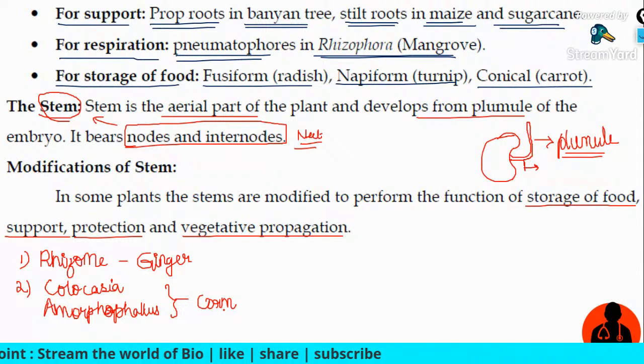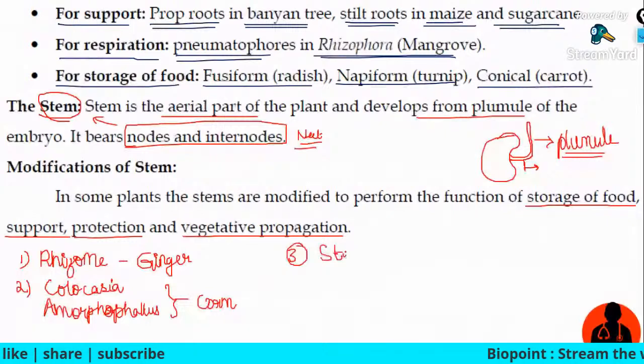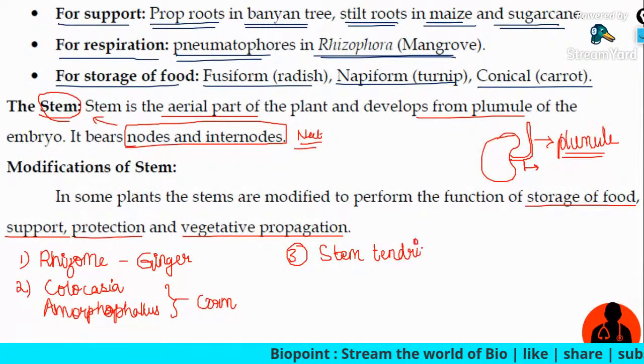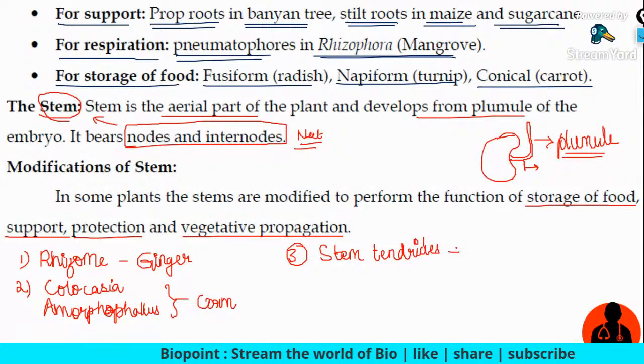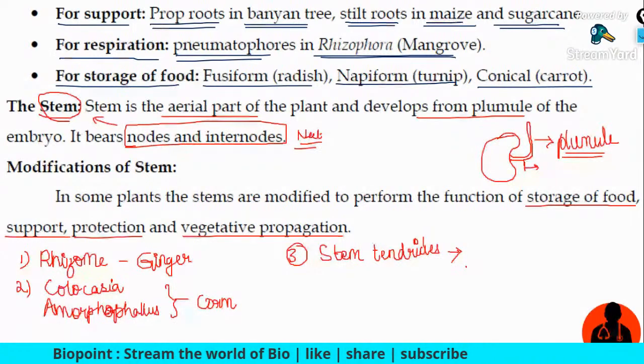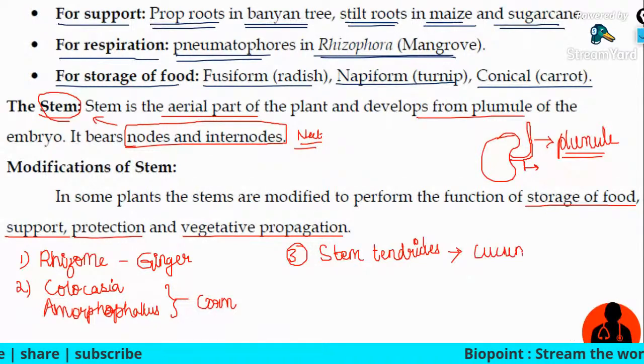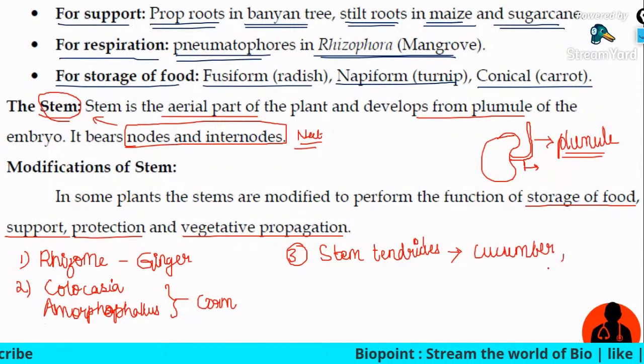Third one, stem tendrils. Listen very carefully. Tendrils, thorns, and all are very important. That's why I am specifically mentioning stem tendrils. Stem tendrils are seen in cucumber and grapevine.